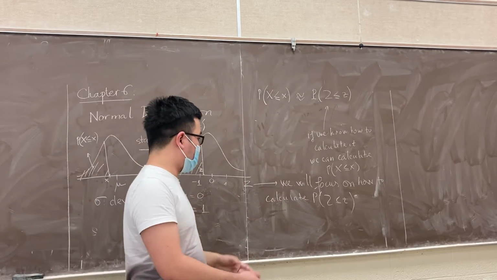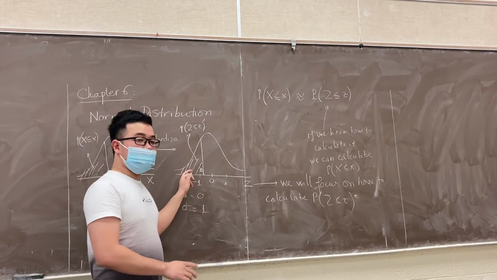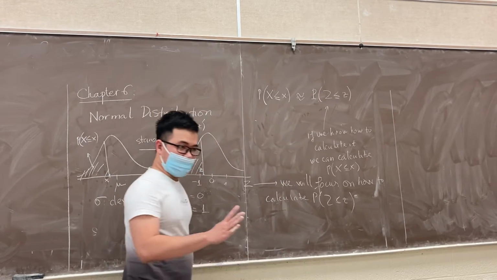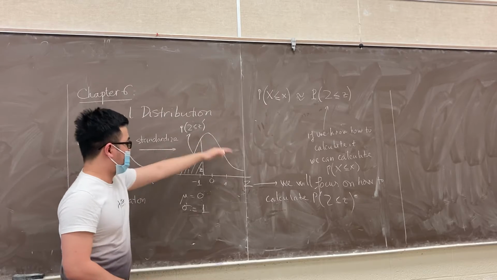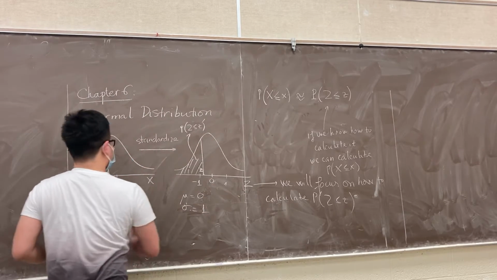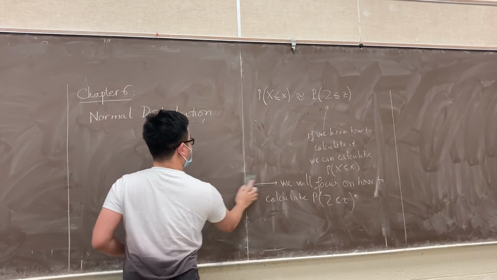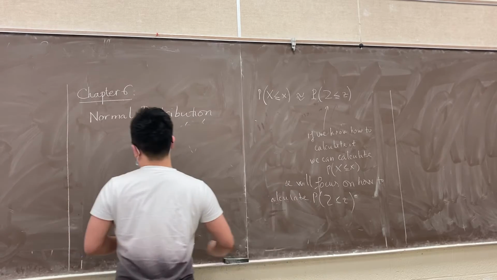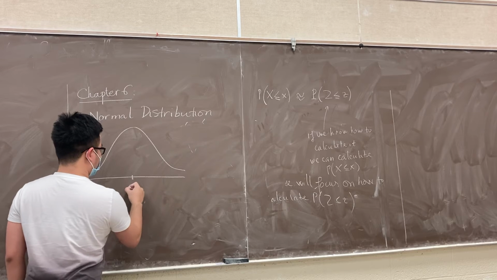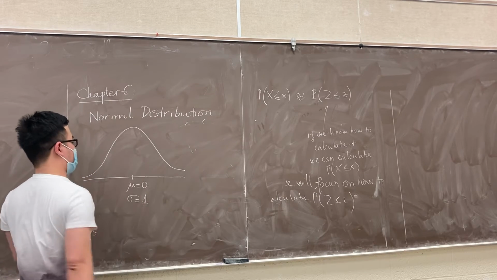Now I will show you how to calculate the area of this region, or the probability of Z less than z. We only focus on this kind of normal distribution, where mu is 0 and sigma is 1.